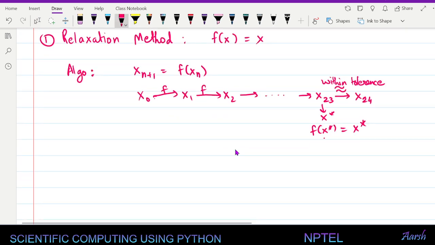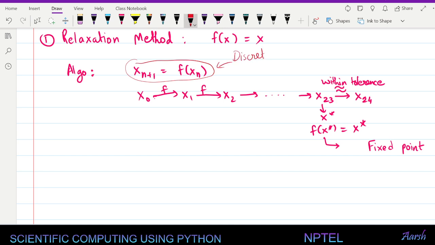If this is satisfied, it's called a fixed point of the map. So this thing is called a map, a discrete map, and the values of x which satisfy this are called fixed points.